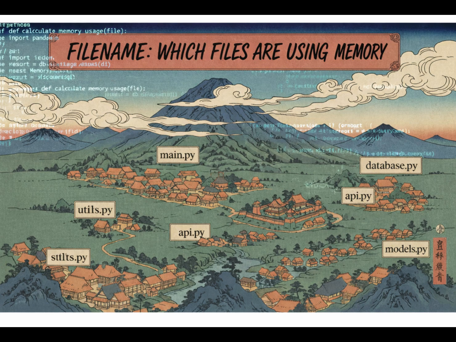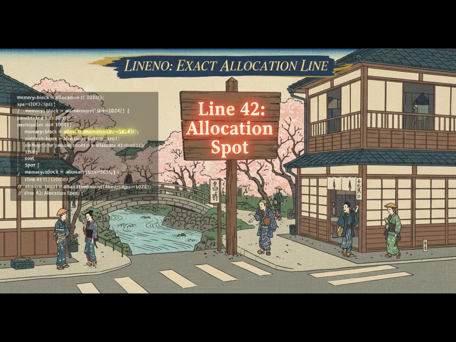Let's see what key type options we got. First, filename. This is like a zoomed-out view, showing which Python files are using memory. If we compare with Google Maps, it shows the country view. Second, lineno, the sweet spot: exact line numbers where memory is allocated, most commonly used. With the Google analogy, it is like a street address.